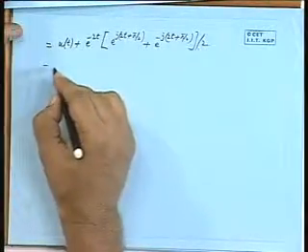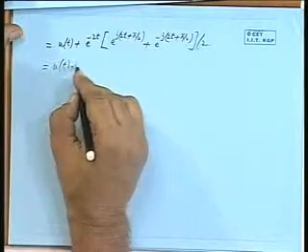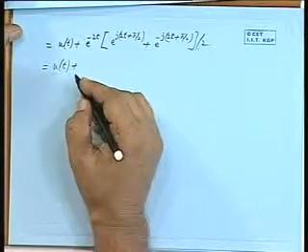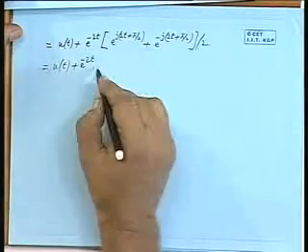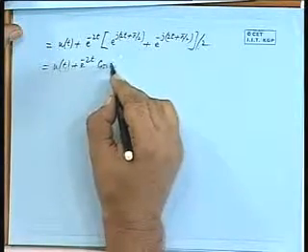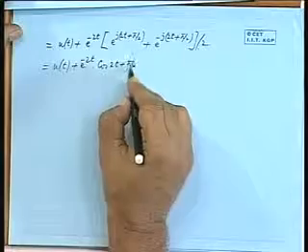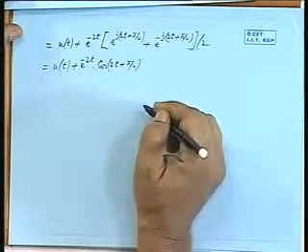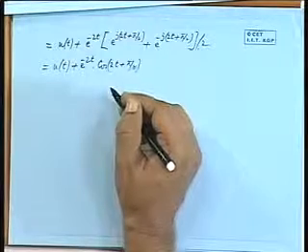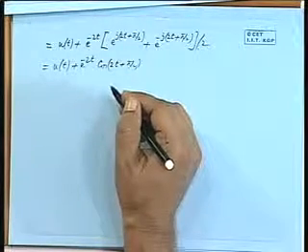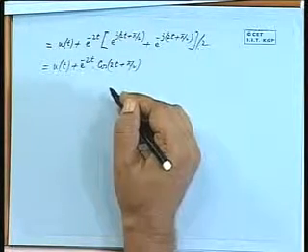So that gives me what? Ut plus, any mistake? E to the power minus 2t cosine 2t plus pi by 2, and how much is that? Cos theta plus pi by 2 is minus sine.